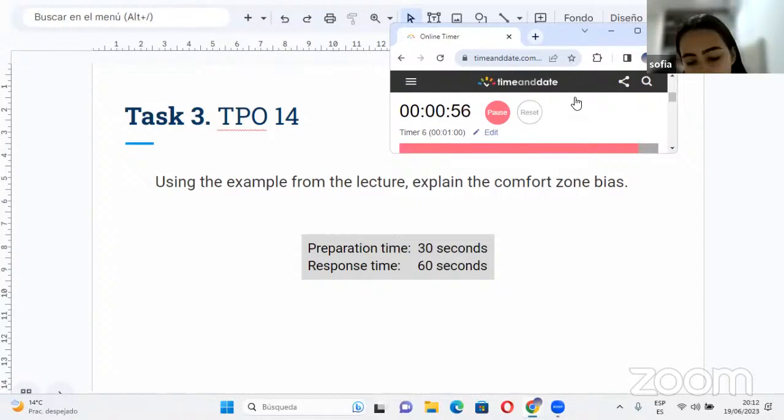Okay. According to the passage, comfort zone bias occurs when people remain in comfortable zones instead of trying new things. In the lecture, the professor gave the example of his friend's jobs.